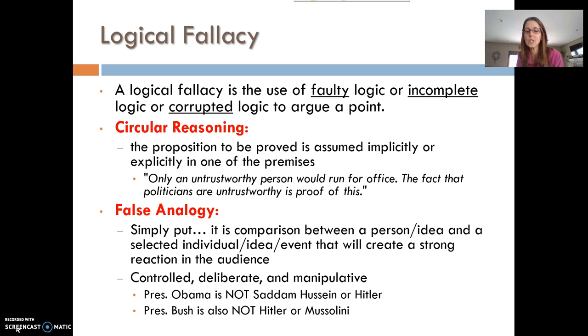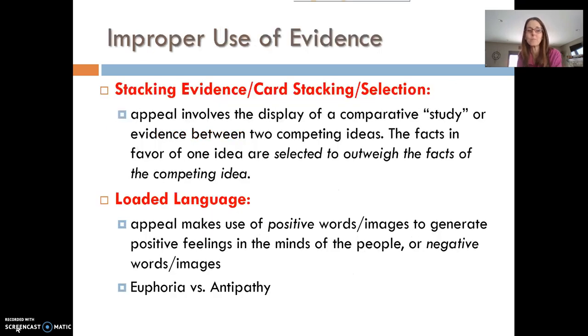A false analogy is making a comparison between things or ideas that isn't accurate and doesn't really extend. You're making too broad of a generalization. Stacking the evidence or card stacking, that is when you are kind of cherry picking studies and maybe ignoring other studies.